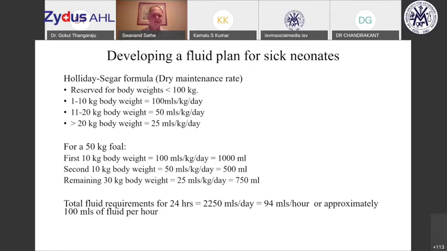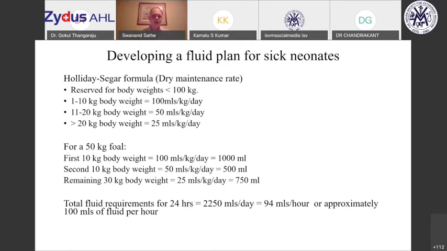So what's the Holiday-Segar formula? This formula was developed actually for human infants, for weights that are less than 100 kilograms, in the late 80s.